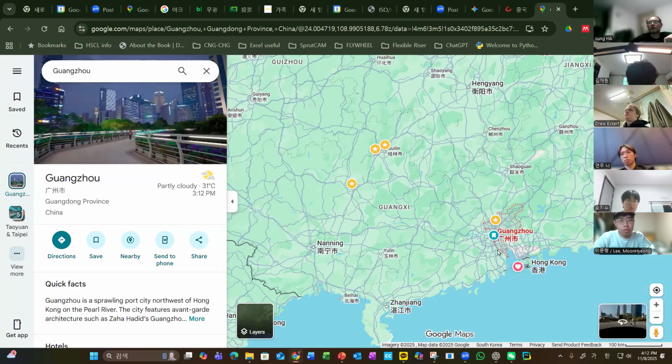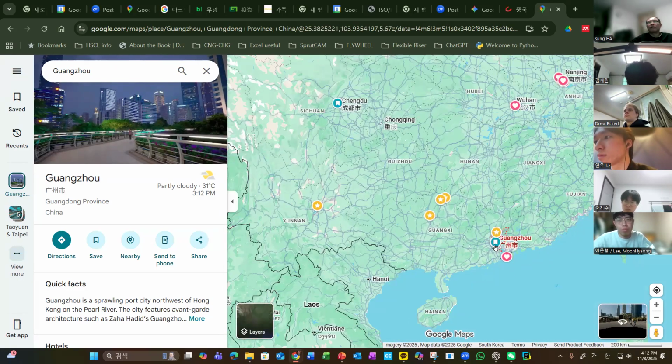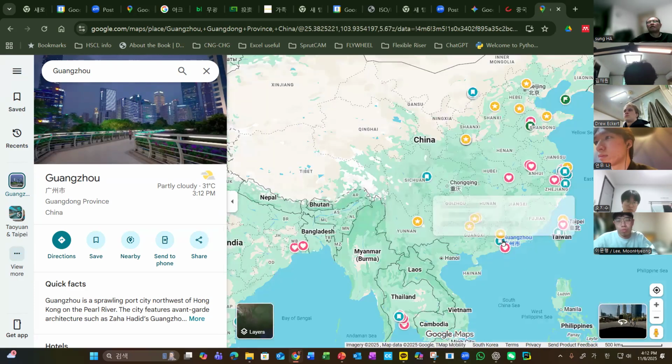Guangzhou has a lot of advanced technology, IT, and a lot of companies here.